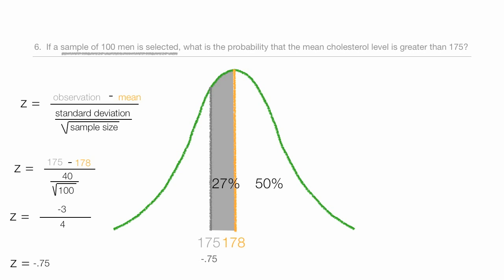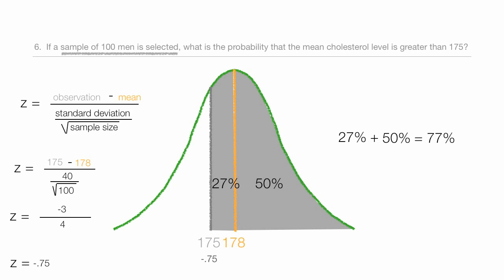So that's that z value, and it equates to 27% in the back of your book. So adding those two together, we find out that the probability is 0.77. And that's the answer to your question.